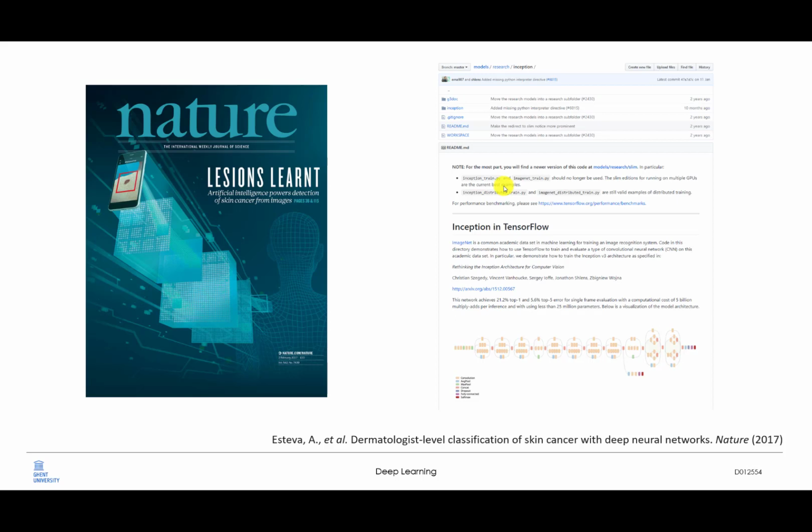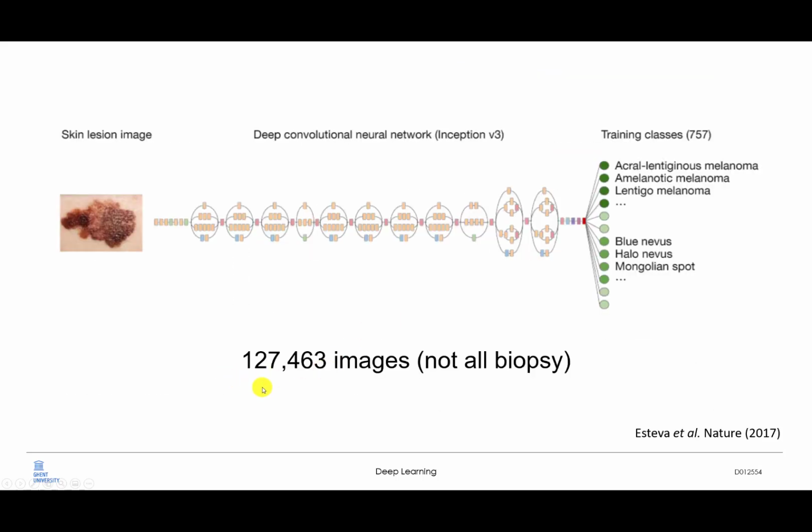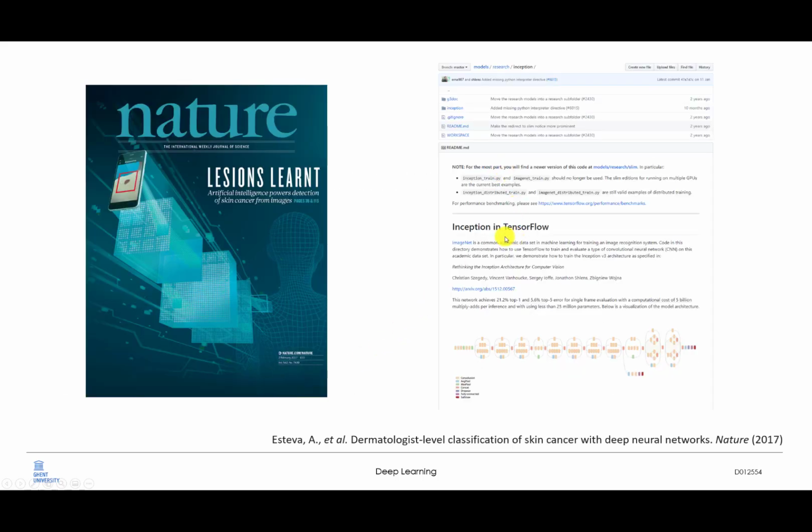Now, what's special about this algorithm, few people know this, is that they didn't train their algorithm on these 127,000 images. I mean, not fully, right? What they did is they just went to the Google TensorFlow website. This would be Google's implementation of neural networks.